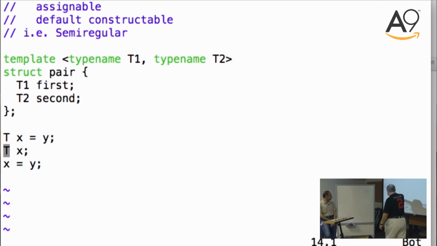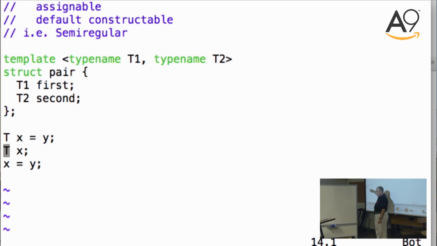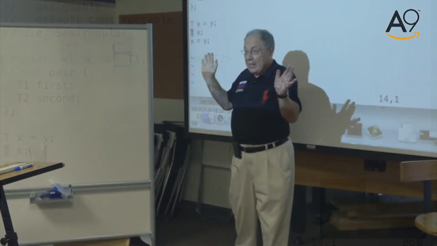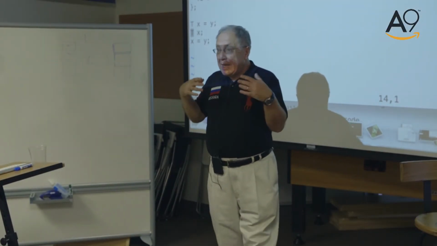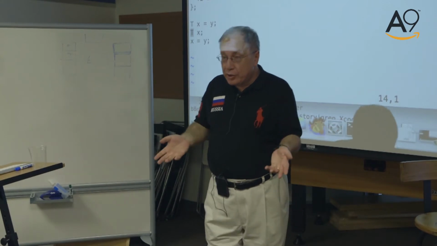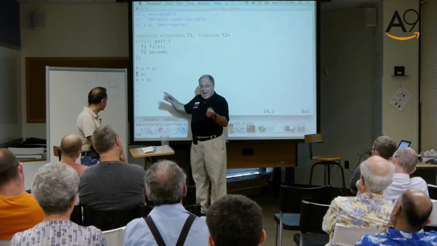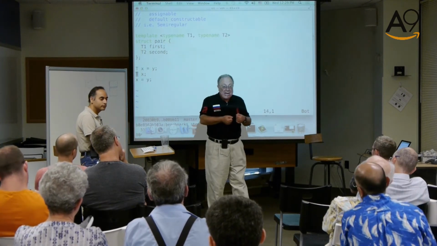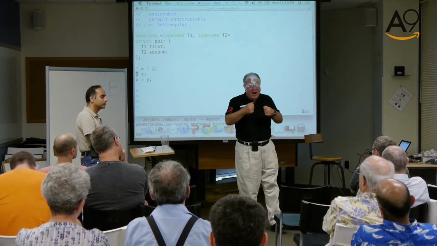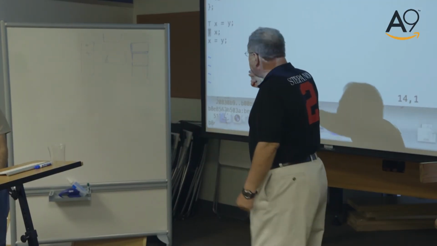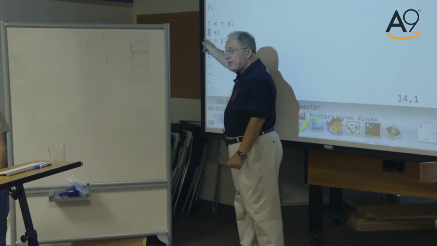Because if a self-evident transformation from this to this does not work, code becomes brittle, and we cannot reason about it. Everybody agrees with that. So however we define things, they have to satisfy this, which is the semantics of this semi-regular type.